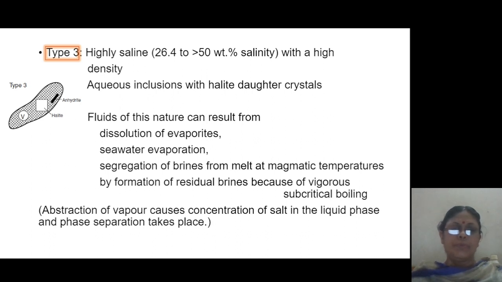Abstraction of vapor causes concentration of salt in the liquid phase, and phase separation takes place. Phase separation means phases like the liquid phase, the vapor phase, and the crystal phase are different phases that get separated.